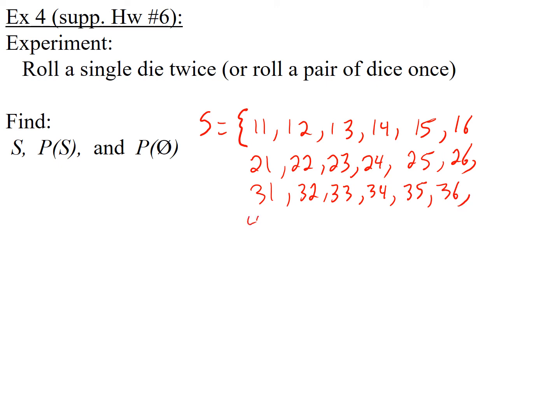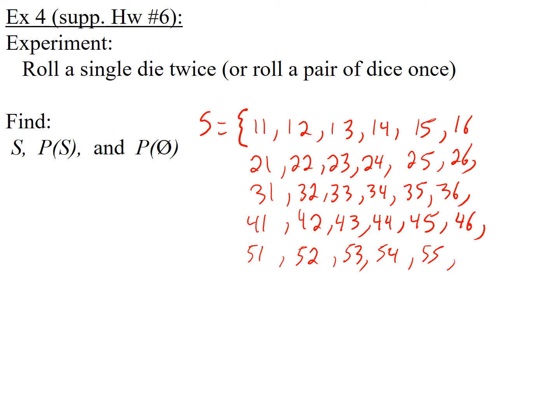Keep going. 4,1, 4,2, 4,3, 4,4, 4,5, 4,6, and on we go. So we're going to do all the ones that start with 5: 5,1, 5,2, 5,3, 5,4, 5,5, 5,6, and all the ones that start with a 6: 6,1, 6,2, 6,3, 6,4, 6,5, and 6,6.